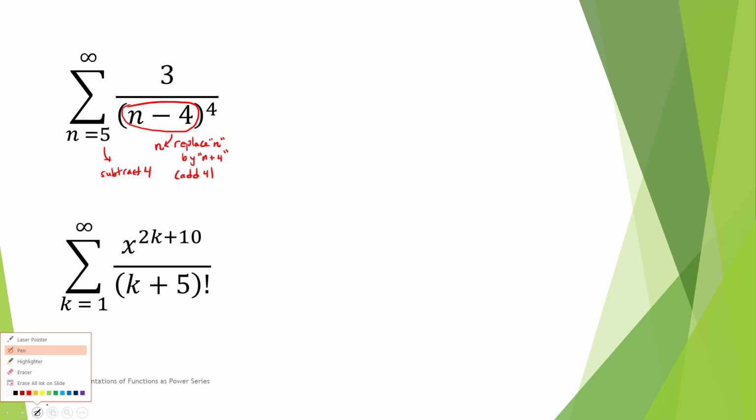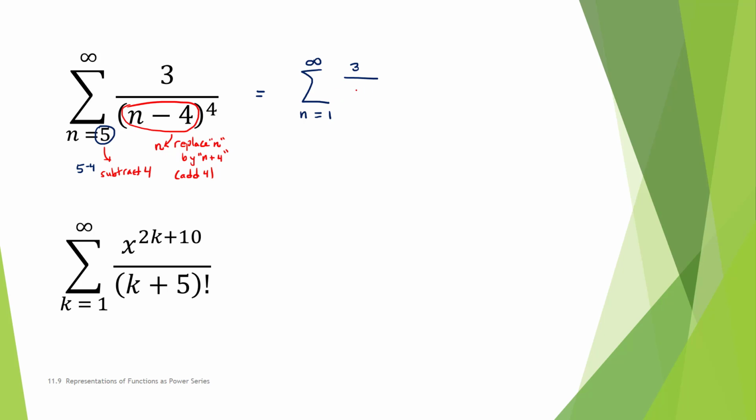So my series becomes the sum from n equals 1 to infinity, and it's 1 because I took 5 minus 4 to get 1. And my term now is 3 divided by n to the 4th power. If you want to double check yourself, you could write out the first term or two. Here the first term is n equals 5.